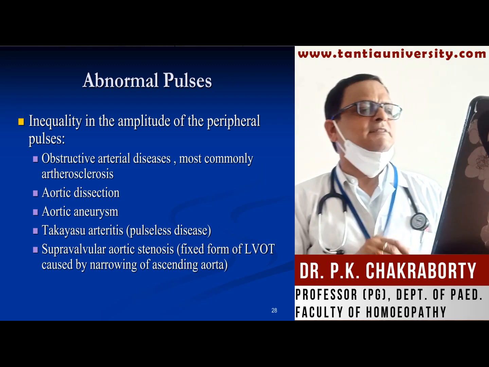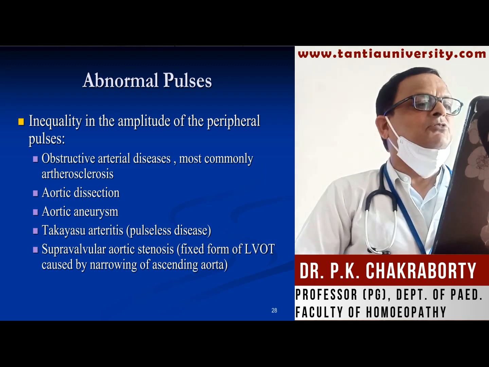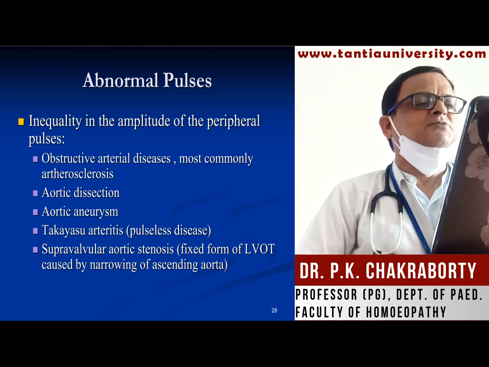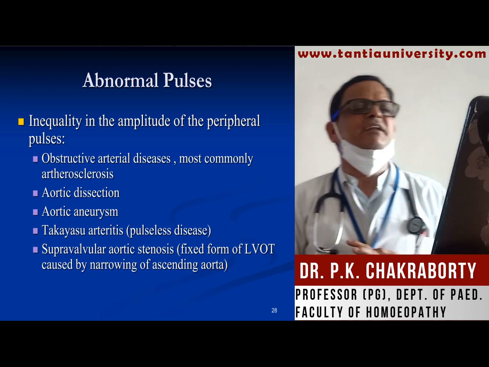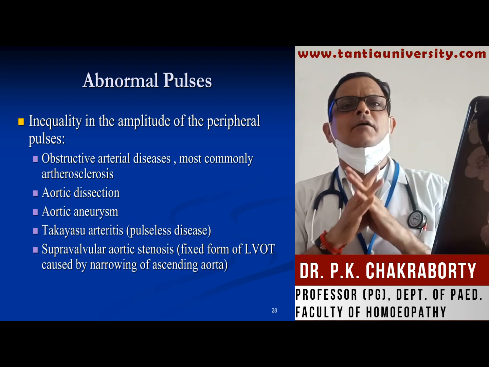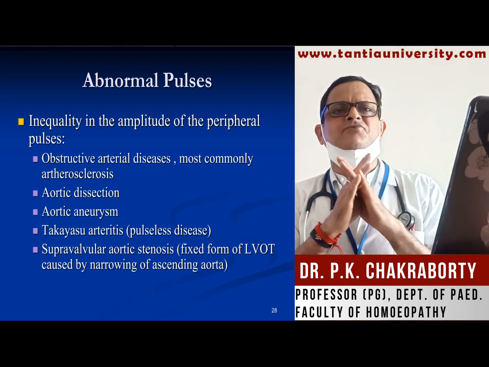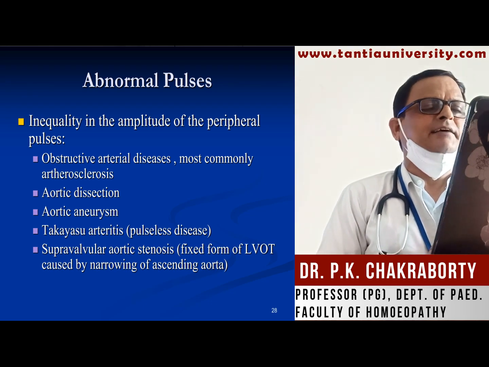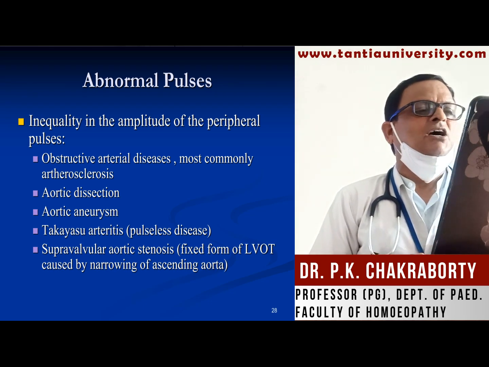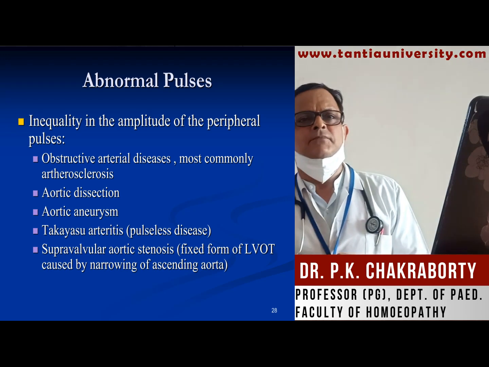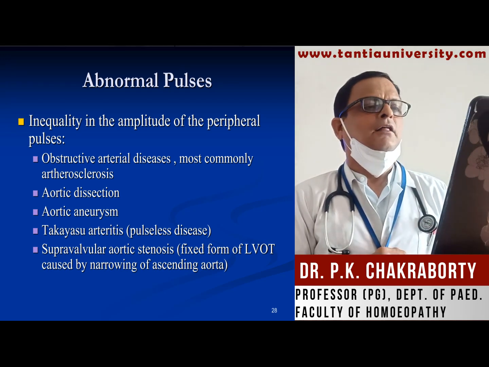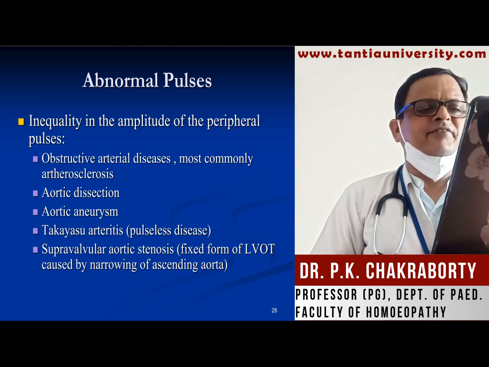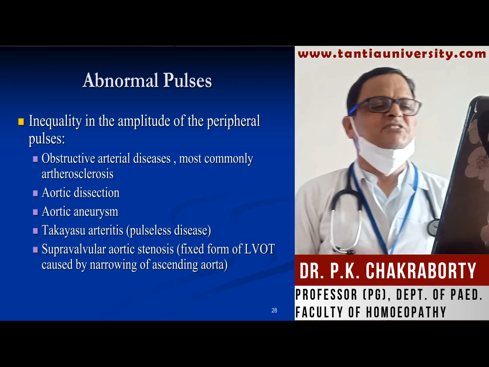Some other abnormalities are also common in pulses. Some other abnormalities which we can find are in obstructive arterial disease, peripheral obstructive arterial disorders. In these cases we may find some abnormality of the pulses: dissecting aneurysm or dissecting aorta, aortic aneurysm, Takayasu arteritis, which is known as pulseless disease.